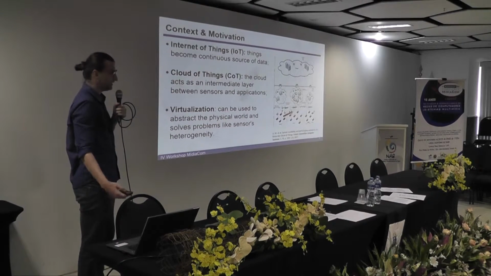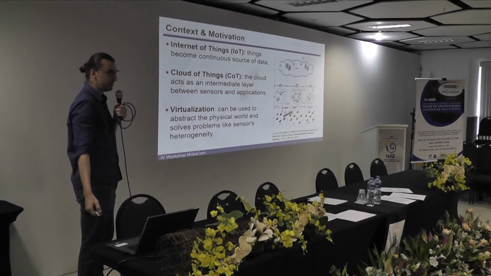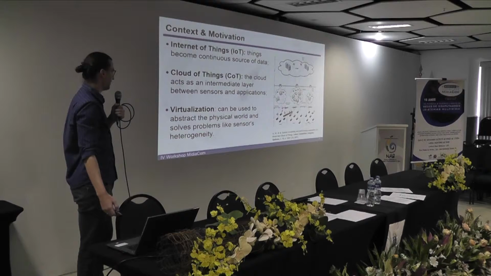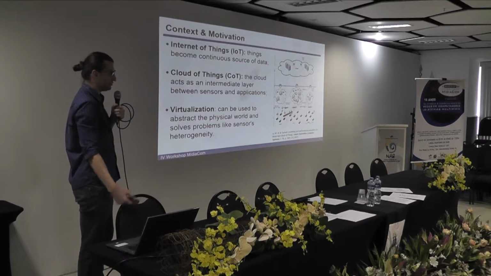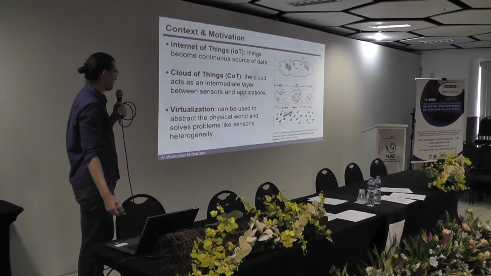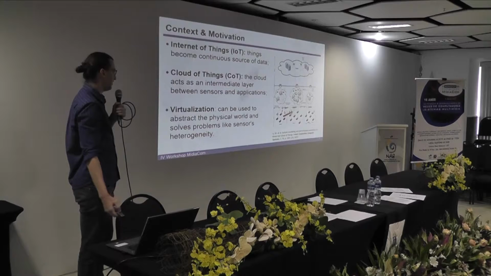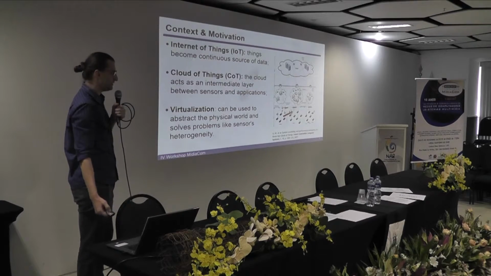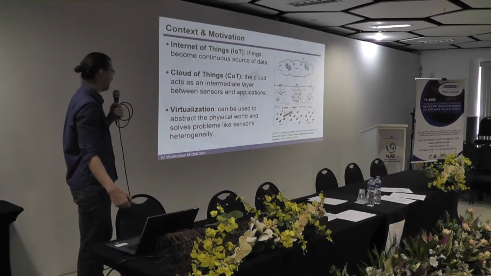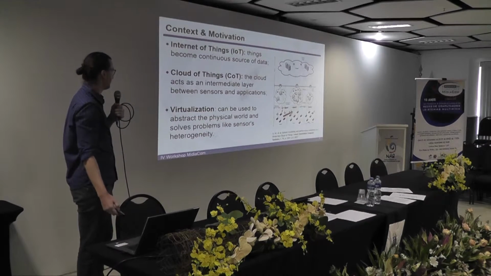To deliver data from sensor to application, we usually have a middle layer that does this work. When we use the cloud as this middle layer, it is called the Cloud of Things. Usually Cloud of Things is mainly based on virtualization, and we have a virtual entity that abstracts the physical details of the sensors.